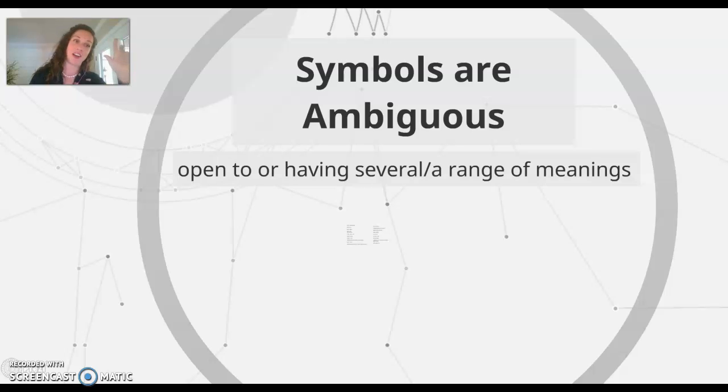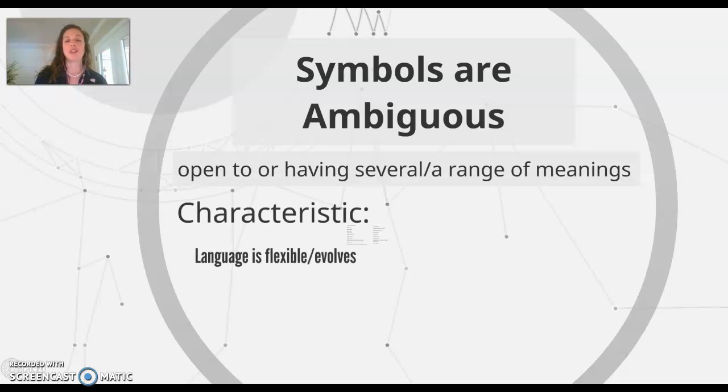Metacommunication, another one of those principles. So characteristics, this is related to language is flexible and evolves, right? We have different spellings of things that have changed over time to get us to our current spellings or usage of words. Language is cultural, absolutely.